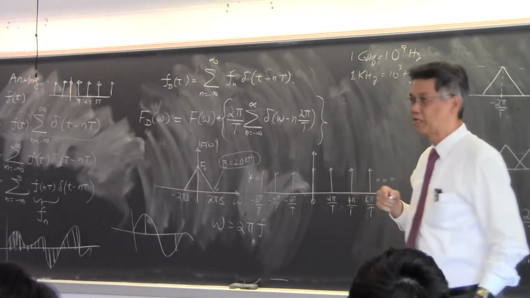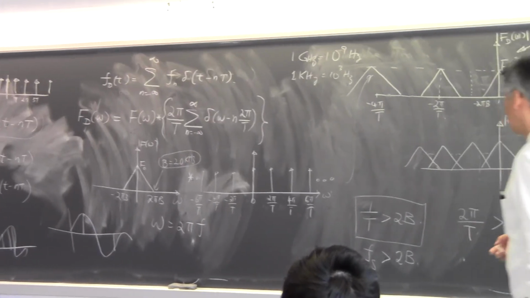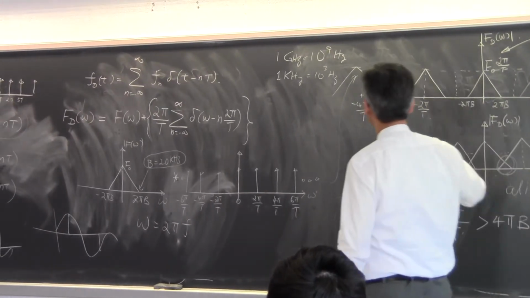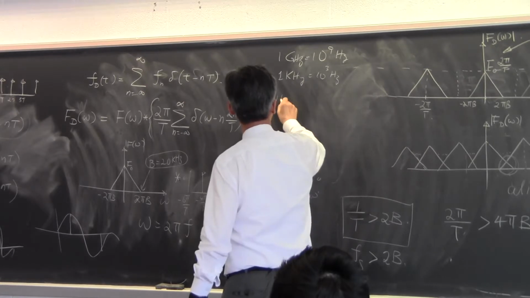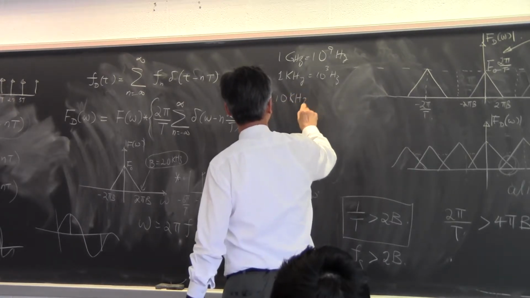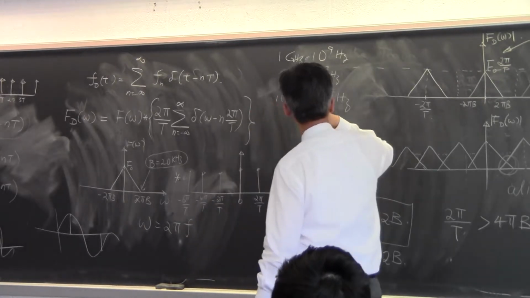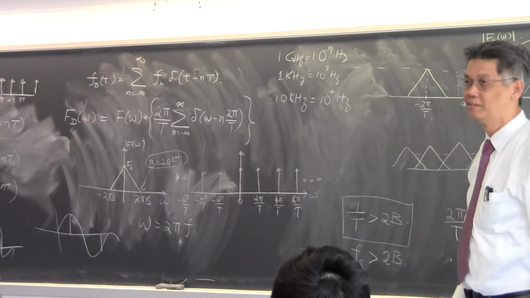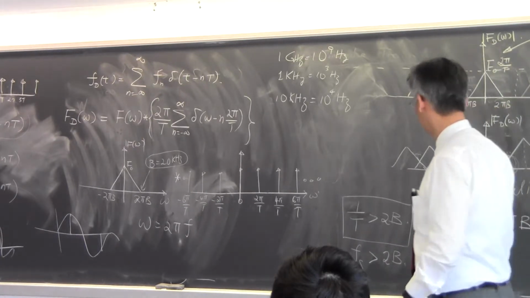So if you use a microwave channel to send your signal, you actually have a surplus bandwidth of 10 to the 6. If you send a 10 kilohertz signal, which is most of the voice channel, you have 10 to the 4 hertz. So you still have a surplus bandwidth of 10 to the 5th, which is 100,000 times faster than your signal.